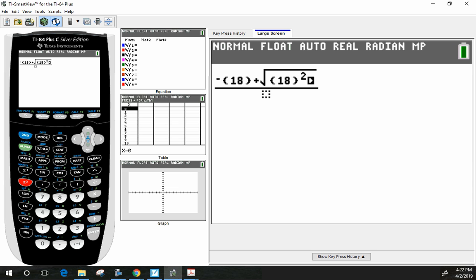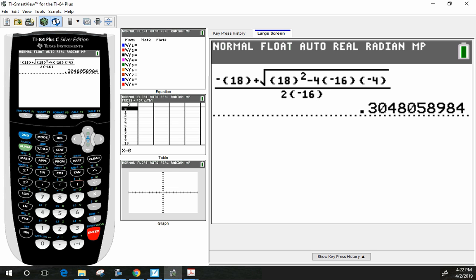So b squared minus 4 times a, and then times the c value, and then all of that over 2 times a. So that's the entire quadratic formula there, with that a of negative 16, b of 18, and c of negative 4. So the first time that my friend hits a height of 4 feet, looks like it's about 0.3 seconds. And then I need to find the other solution.